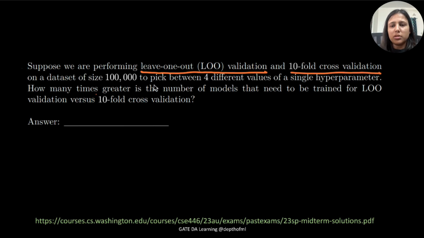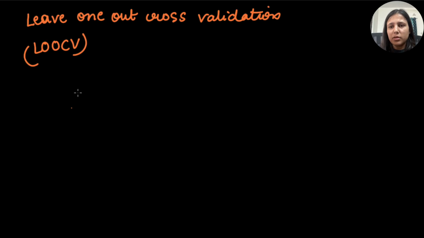So there is M1, method 1, which is LOOCV, and then there is M2, which is 10-fold cross validation.